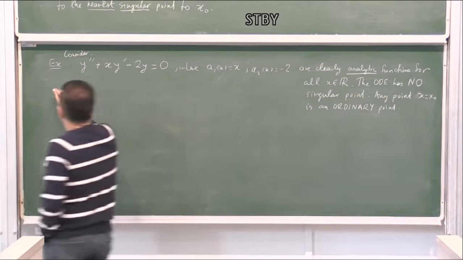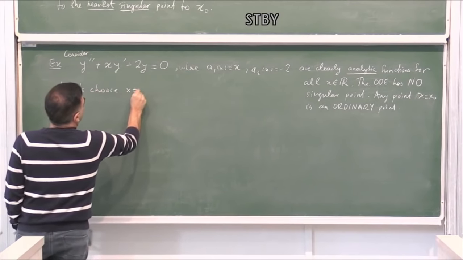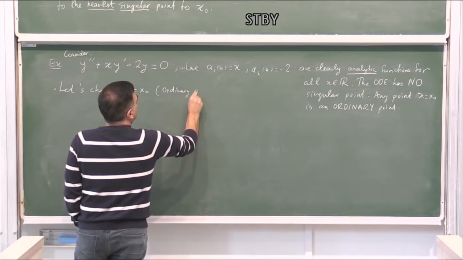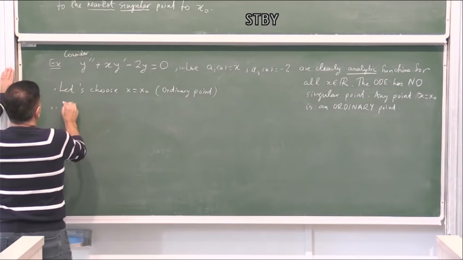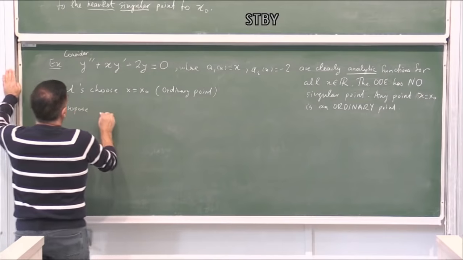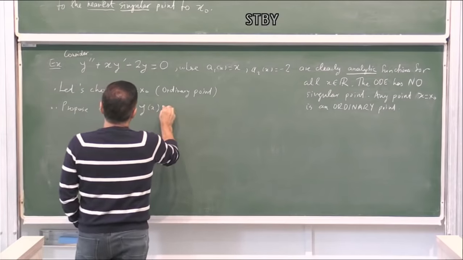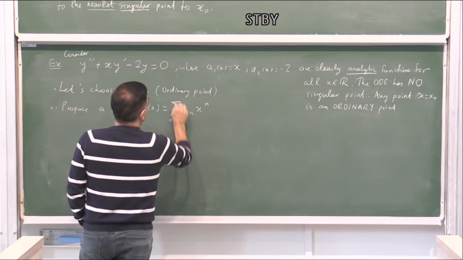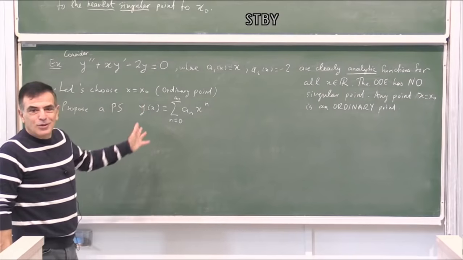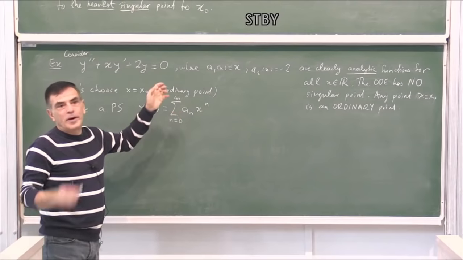So, for simplicity, let's choose x0, which is an ordinary point. According to our first theorem, we propose a power series solution of that form, the sum of a_n x to the power n. Okay? So the solution is written as the Maclaurin series.